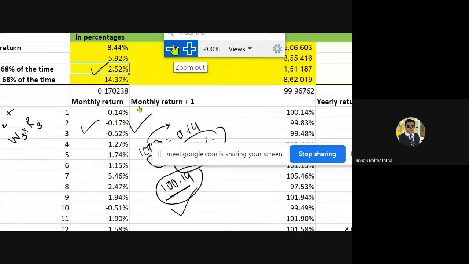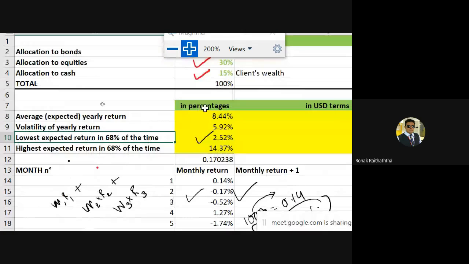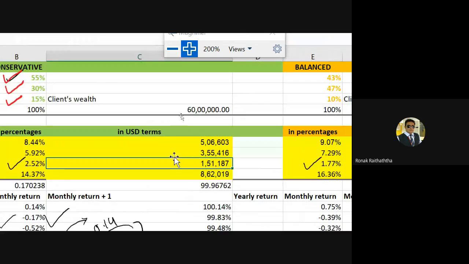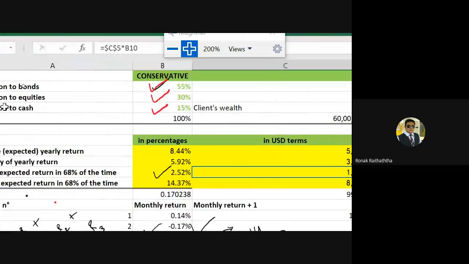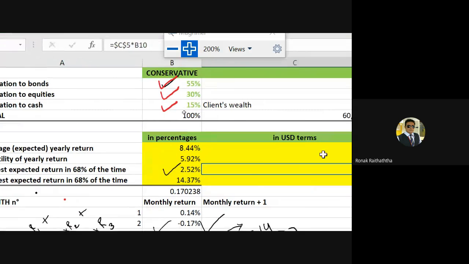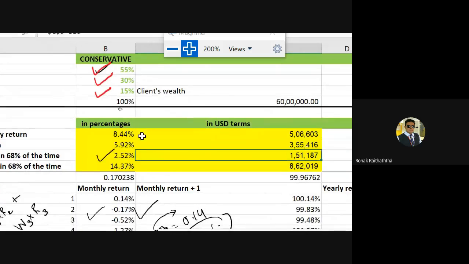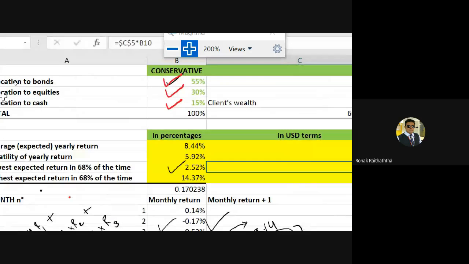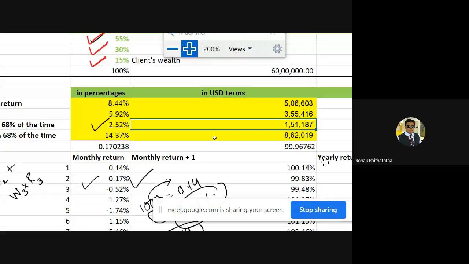So what is the interpretation of this? Everyone try to understand. Lowest expected return at 68% of the times, in rupees, it is coming at 151,187. So we may say to the client, those who are coming to us for portfolio management, that in 68% of the chances, your return can be as low as 151,187 from your entire portfolio in the year.